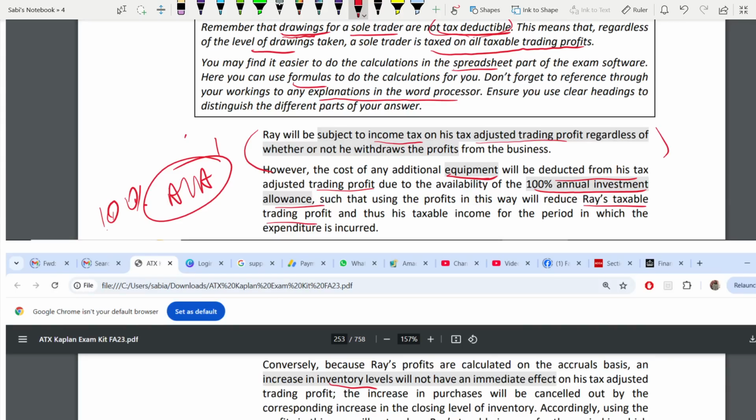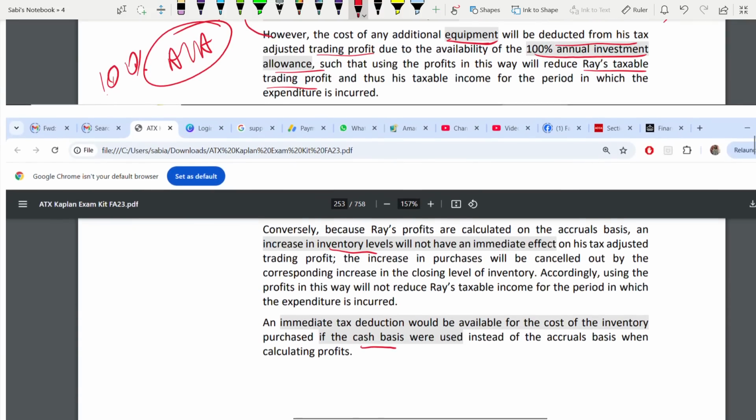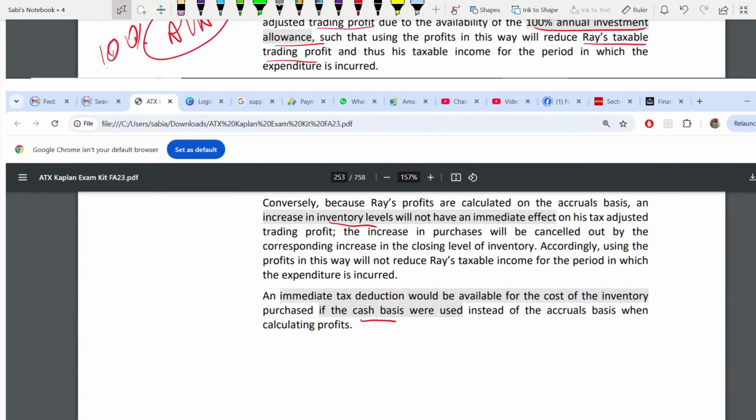Next, coming to inventory. This part is not done very well, so pay careful attention to this. That's why I told you, every piece of information is important. They have told you somewhere that it's on accrual basis, not cash basis, right? So profits are calculated on accrual basis. Because it's calculated on accrual basis, when you increase the inventory, it's not going to have an immediate effect. This is what most of the students missed out.